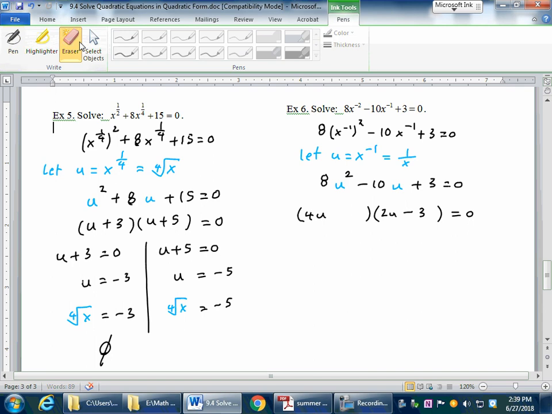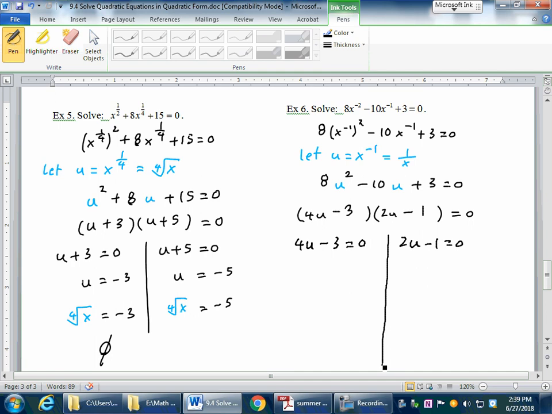Oh, I made a mistake right here. So this should be, my bad, 3 right here and then 1 right here, which is going to be 6 and then 4, that will give me 10. So this will give me 4u minus 3 equal to 0, and then 2u minus 1 equal to 0.